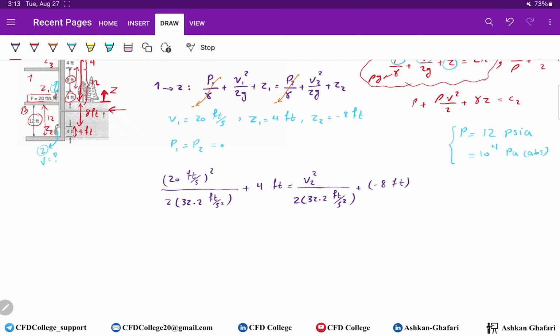And from this equation, you have everything. You can find V2. So V2 equals 34.2 feet per second.